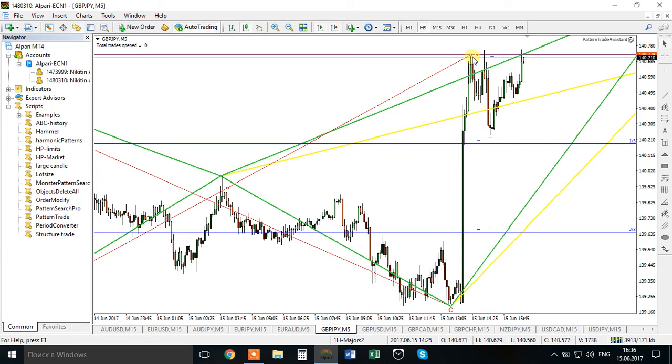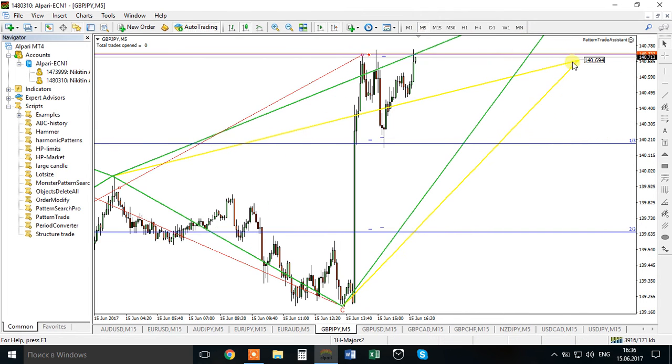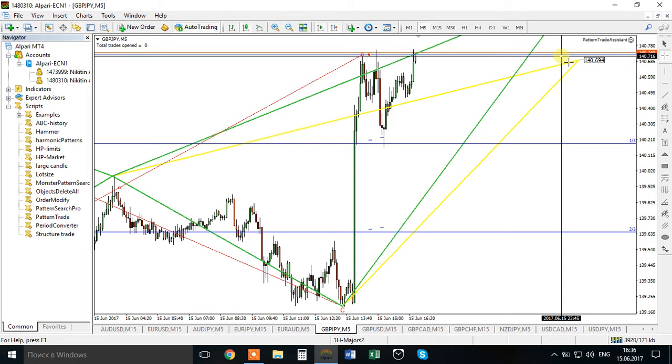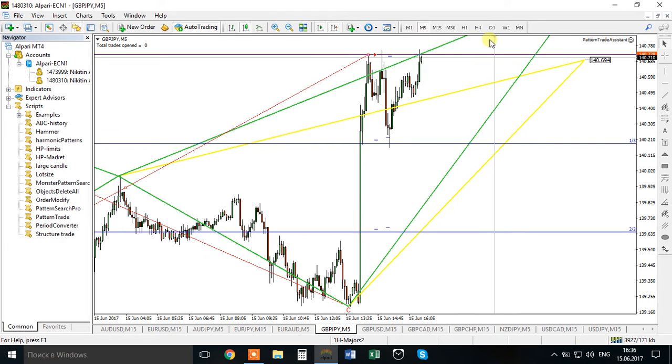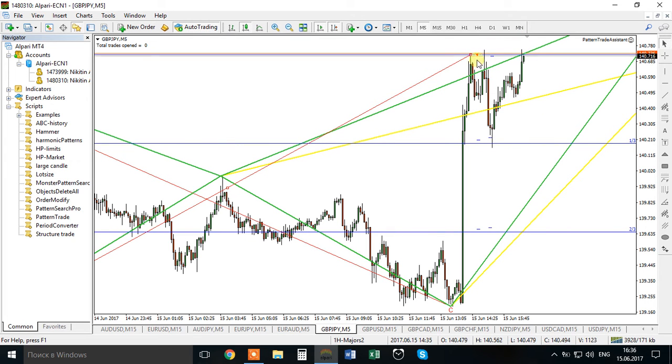I decided to enter at the retest of this high, which is above that level. You see, I was executed a bit higher, a bit better. This red mark says that it was a sell limit of pound yen at this price. Now we had that harmonic reaction and hit the first target, the 382.